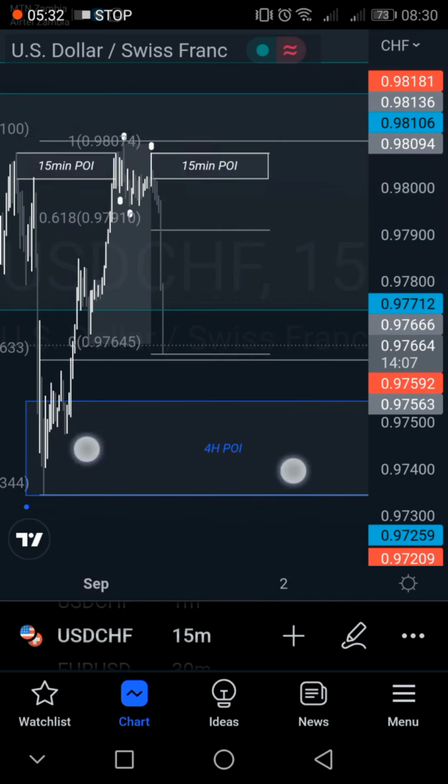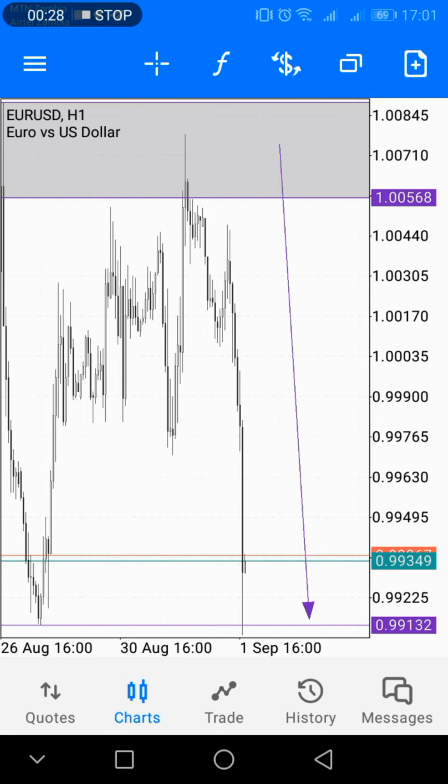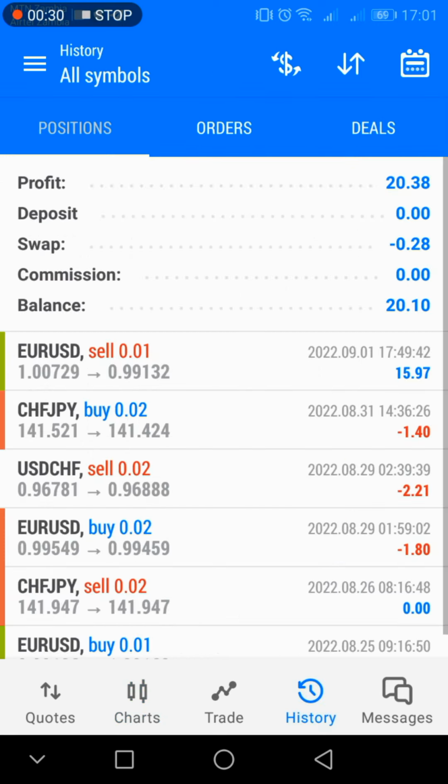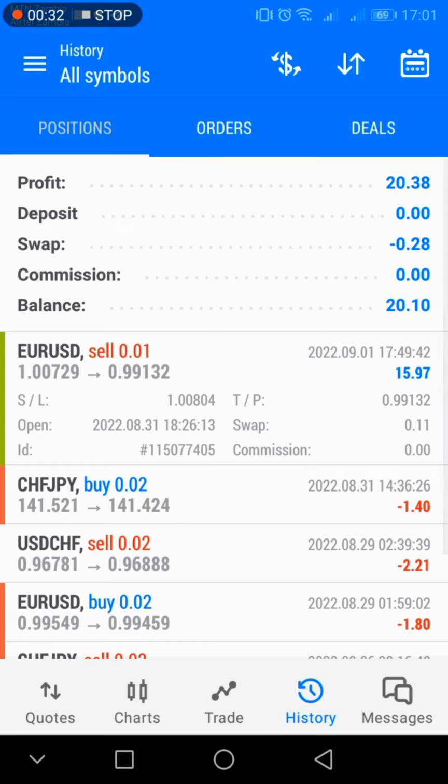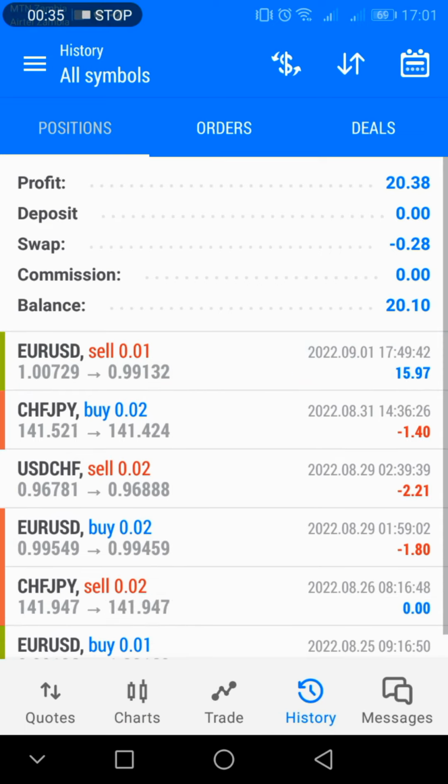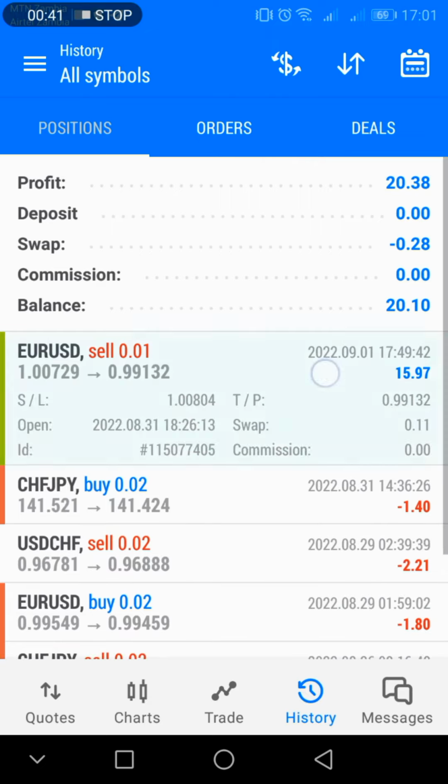Okay, so that EURUSD trade has finally hit TP. As you can see, we sold from here and TP is right there. So this is the trade. I made some 15 USD, got about 159 pips. And it's a good trade.